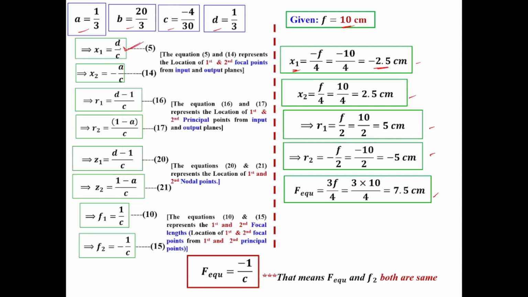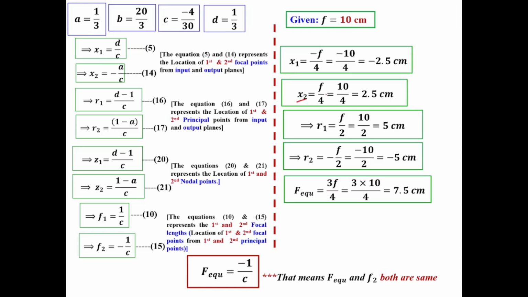Here in equation number 5, d by c, d is 1 by 3, c is minus 4 by 30. So this will be how much? Minus 30 by 4 into 1 by 3, that is minus 10 by 4, which is also minus 2.5 centimeter.